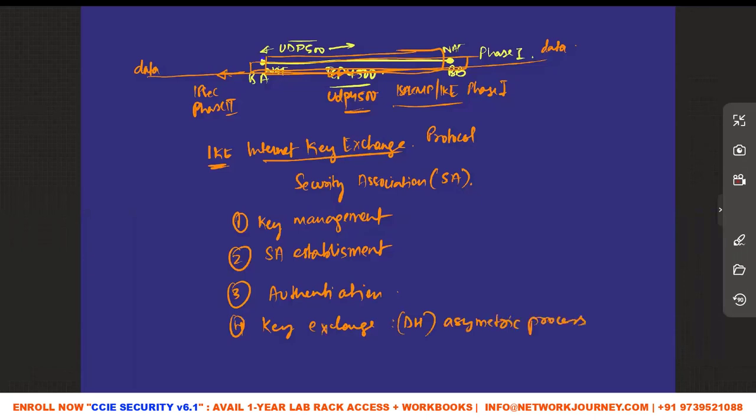Asymmetric means there will be a public key and a private key, whereas symmetric means there is only a single key to transfer them. So DH follows an asymmetric order. IKE is responsible for all this: key management, SA establishment, authentication, and key exchange.